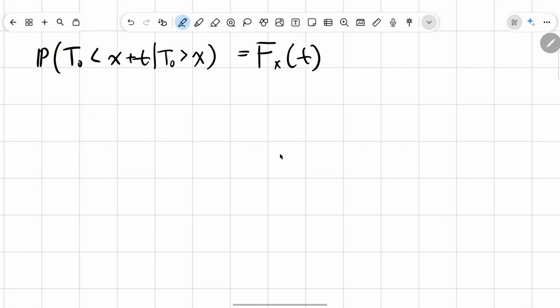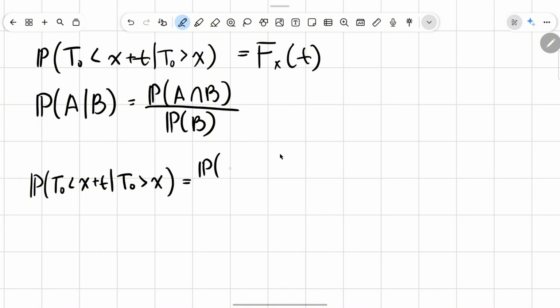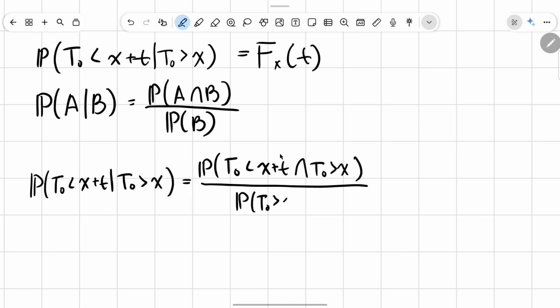And then now, we will use the formula for the conditional probability, that the probability of A given B is equal to the probability of A intersection B all over the probability of B. Now, applying this, we will have the probability of T0 less than x plus t given that T0 is already greater than x is equal to the probability of T0 less than x plus t intersection T0 greater than x, all over the probability of T0 greater than x.